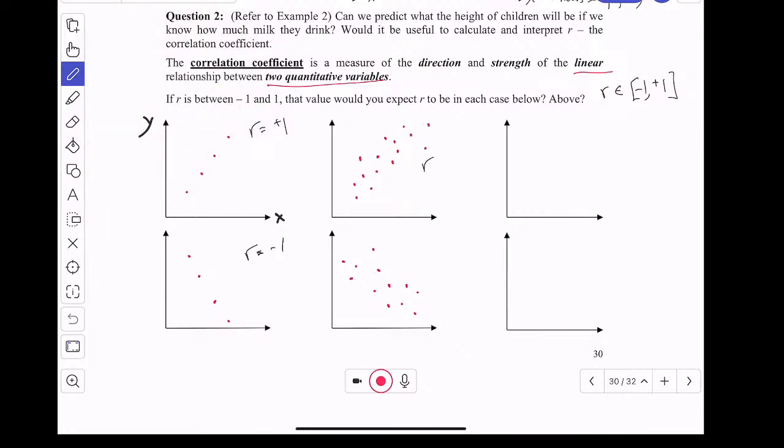So let's say R is equal to positive 0.65. How about that? And what about here? What would R be?